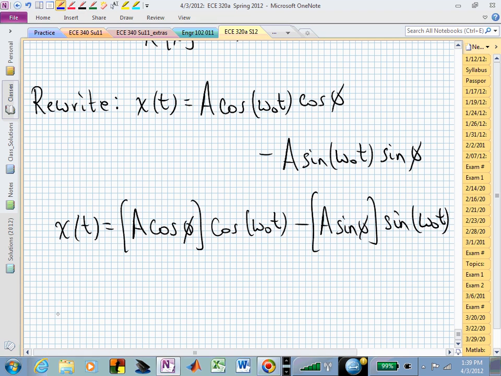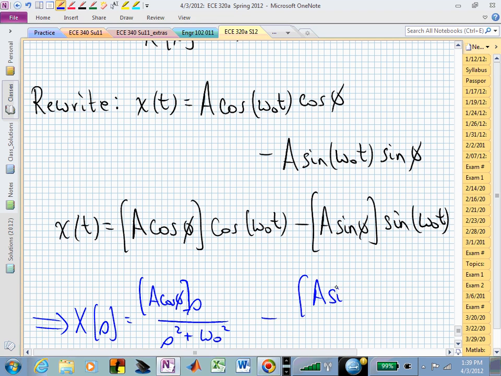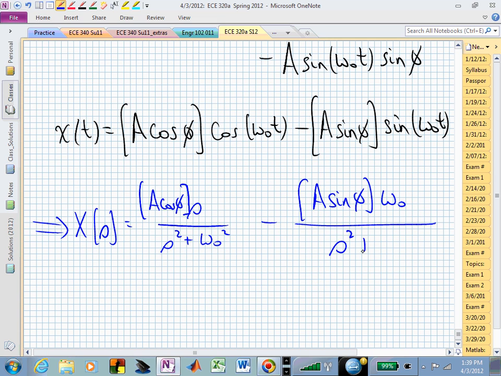Now we can transform that. We have s over s squared plus omega naught squared times this coefficient. And we have A sine phi times omega naught over s squared plus omega naught squared.